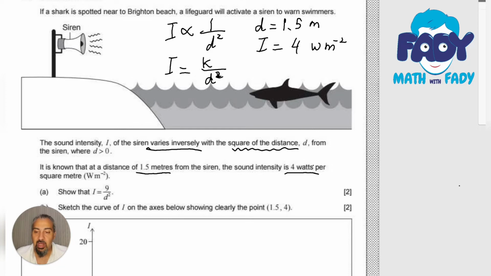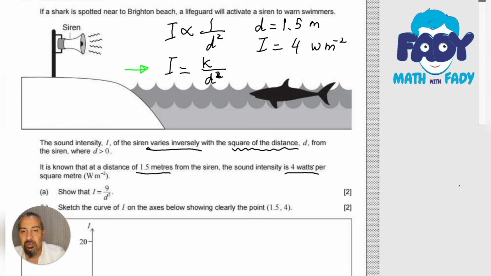Show that I equals 9 over d squared. How would we show that? All we need is to substitute the given values of d and I into the equation of the inverse variation.